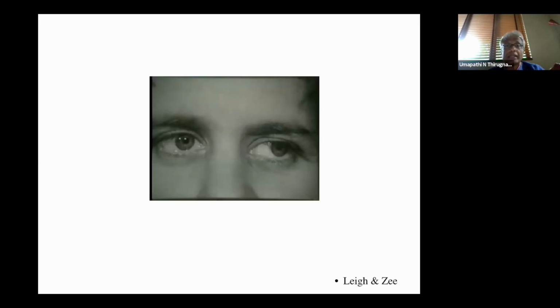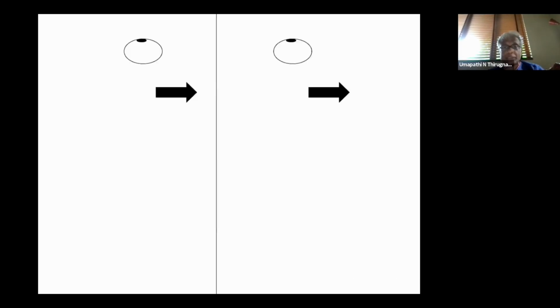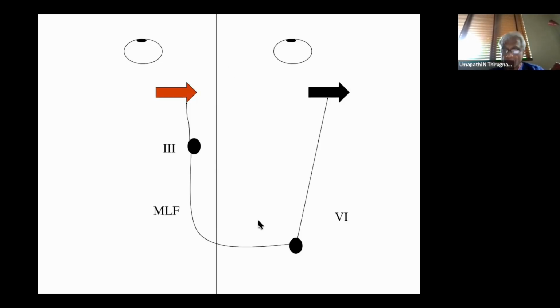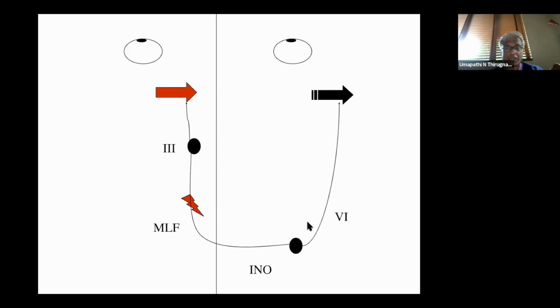Okay, that's straightforward. Then you come to another eye movement abnormality like this. Again, intuitively, you can come up with various diagnoses, but foundationally, it's better for you to draw the diagram and realize that this patient's red arrow would be on the adducting eye, and that will give rise to a number of diagnoses you have to consider: restriction of one muscle, neuromuscular junction problem, third nerve problem, or a problem between the two nuclei, the so-called internuclear ophthalmoplegia.